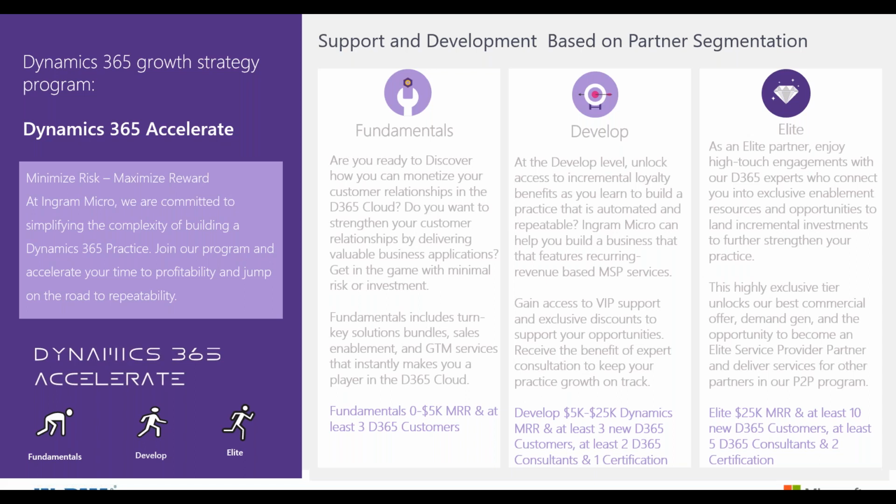This is measured if you are doing a business of 25,000 monthly recurring revenue and have at least 10 new D365 customers and at least 5 consultants, and out of them 2 are certified, then this is for you. So you get the best commercial offer, which I will talk about in a moment, and you will gain access to the demand generation leads and the opportunity even to become an elite service provider partner.